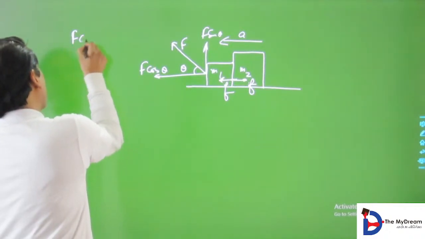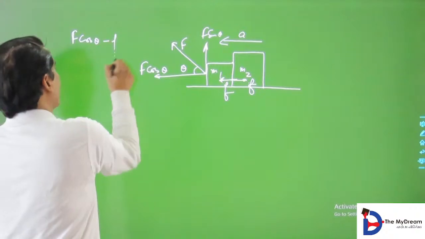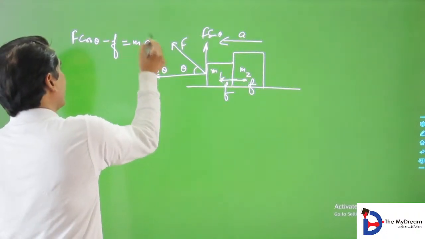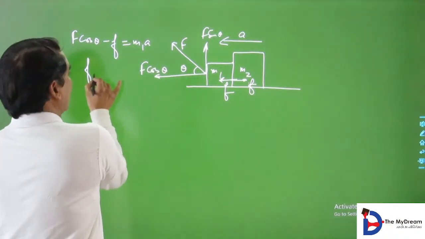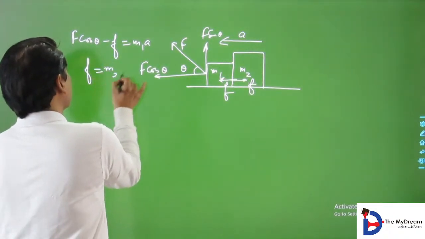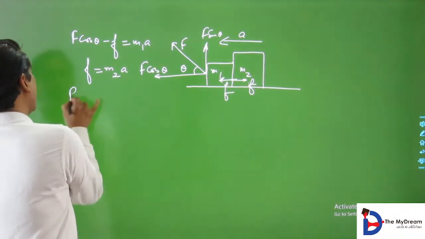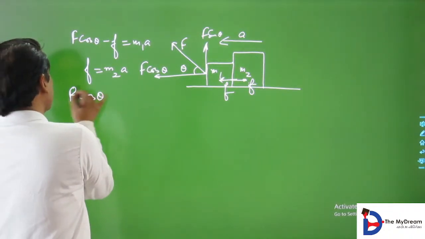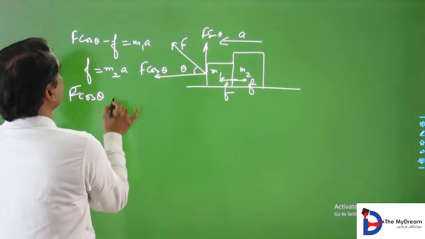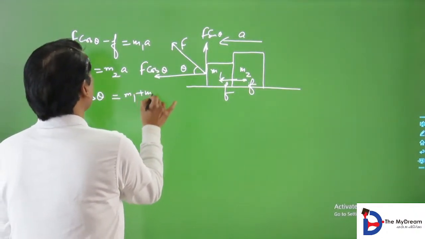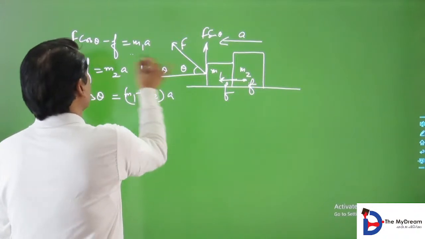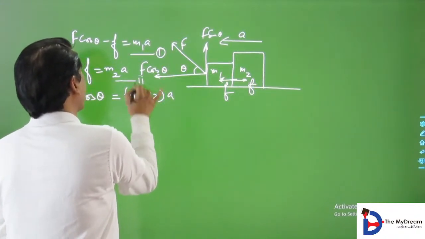Because of this, F cos theta minus F gives M1A, and F is equal to M2A. Then F cos theta is equal to M1 plus M2 times A. This is equation first, this one is second.